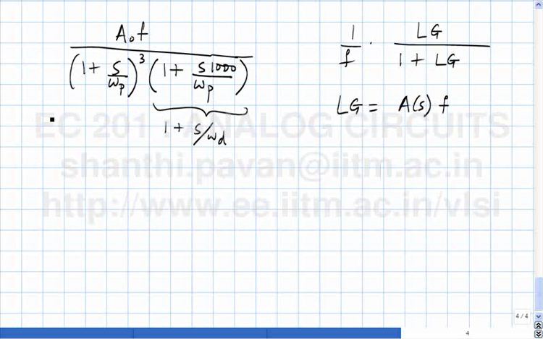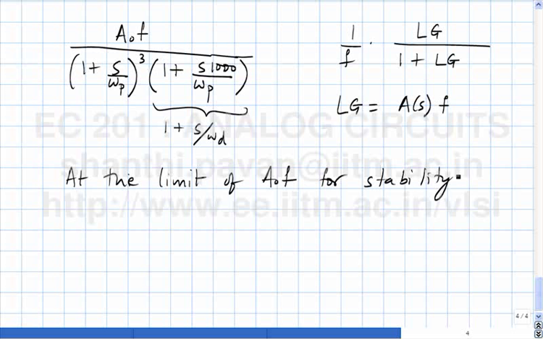That gives you the critical amount of A naught F beyond which the system becomes unstable. If we are interested in finding that critical A naught F, so at the limit of A naught F for stability, the poles of the function of the denominator are on the j omega axis, which means that what happens to the denominator evaluated on the j omega axis?